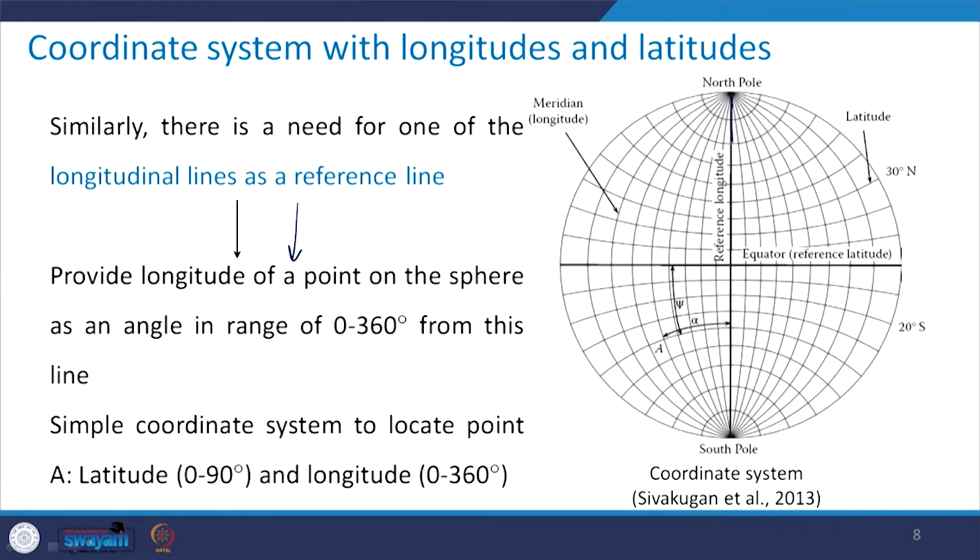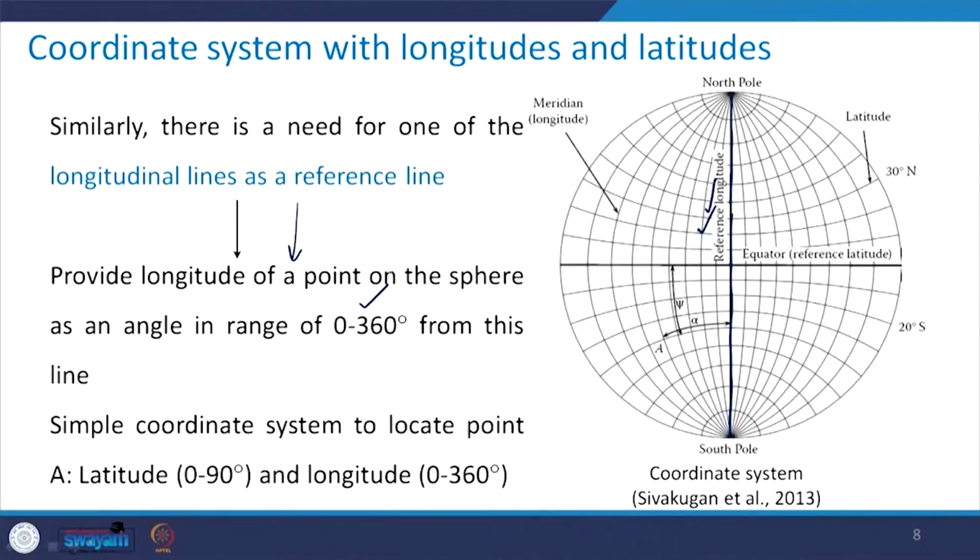Say this is your reference longitude. Now you have the angular measurement all along the periphery with reference to this reference longitude, and you will realize that you are able to traverse the complete sphere. That is why 0 to 360 degrees from this line gives me the longitude of a point on the sphere.